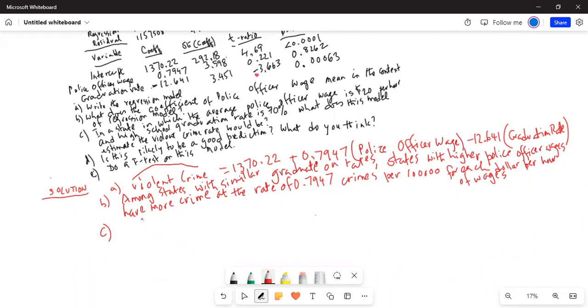So the predicted violent crime will be equal to 1370.22 plus 0.7947 times police officer wage, which is 20, minus 12.641 times graduation rate, which is 70.